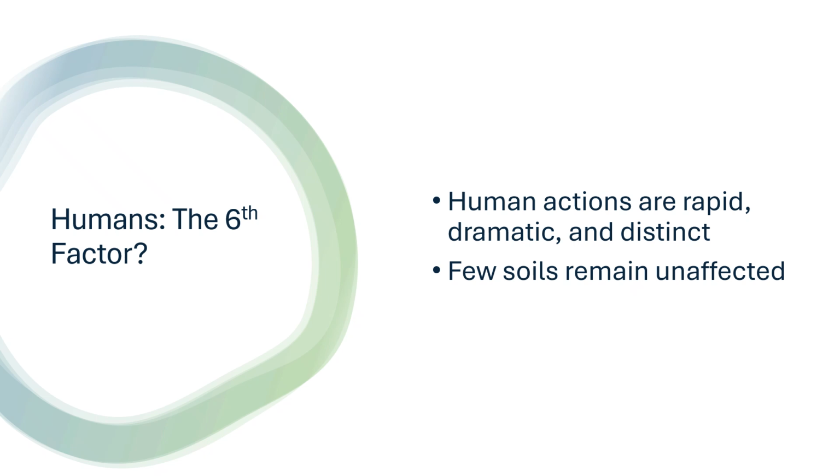But what about us, humans? We often consider ourselves just another living entity that modifies soil. However, our actions can be so rapid, so dramatic, and fundamentally different from other life forms that many argue we should be considered a distinct sixth soil formation factor.